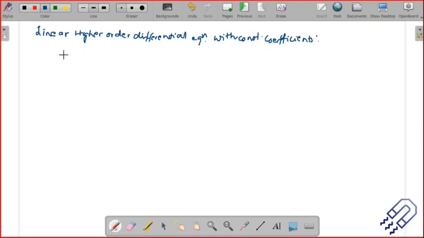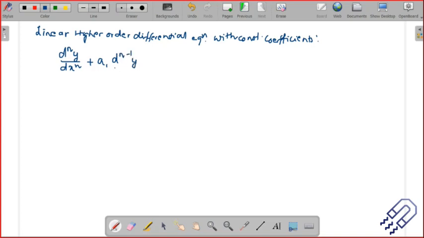In general, if you write down a higher order differential equation, it won't be just dy/dx, it will be of some order. Let's say the order is n, so d^n y/dx^n, then plus a coefficient which is constant, maybe a1, for the next order.